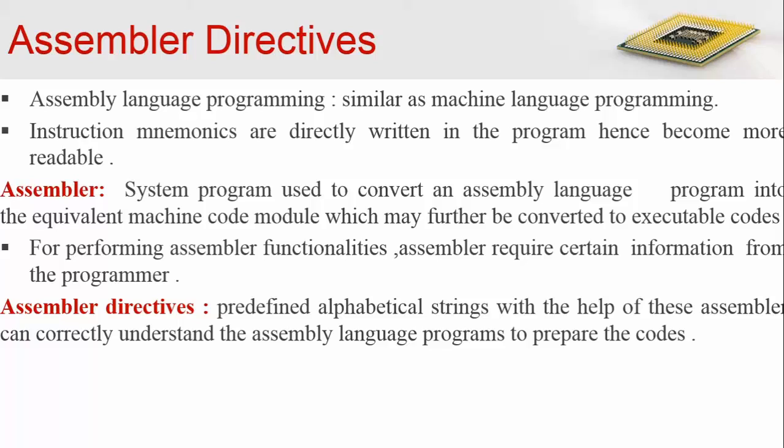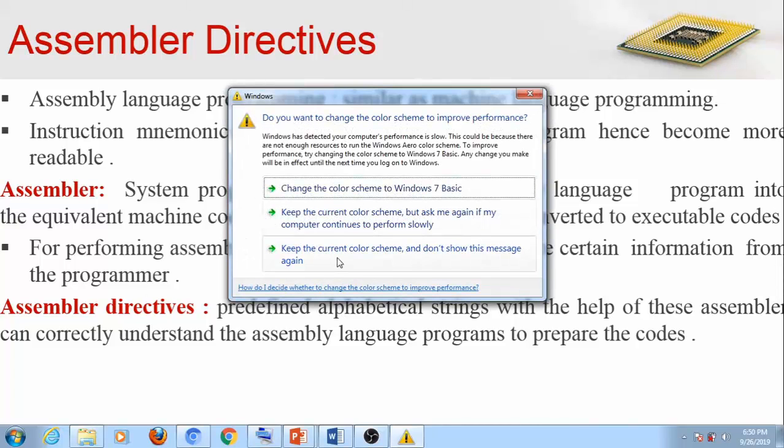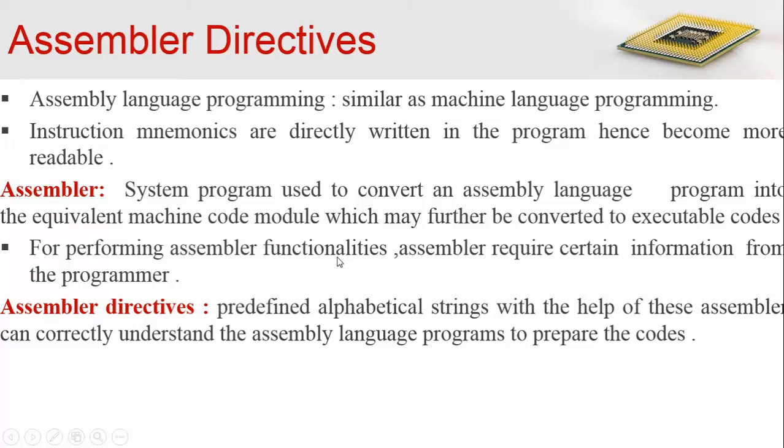Such alphabetical strings are named assembler directives. Inside our program, there exist certain alphabetical strings with predefined meaning. They are used for passing certain information to the assembler in order to get the functionality. Such strings are known as assembler directives.